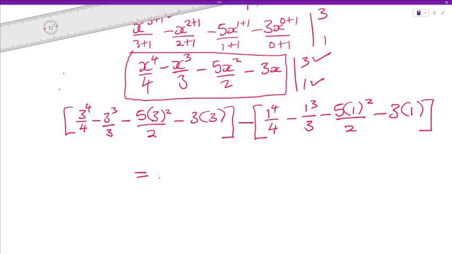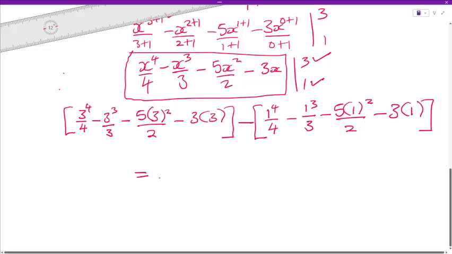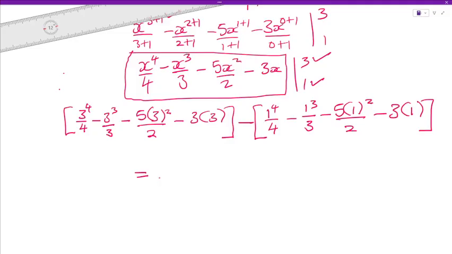Okay, just give me a moment. So 3, 1, that is x to the power 4 over 4 minus x to the power 3 over 3 minus 5x squared over 2 minus 3x.